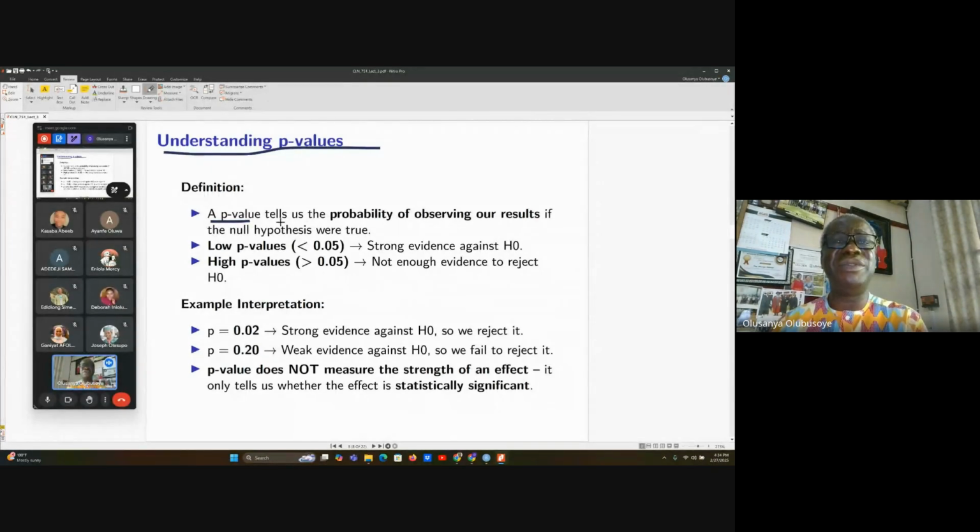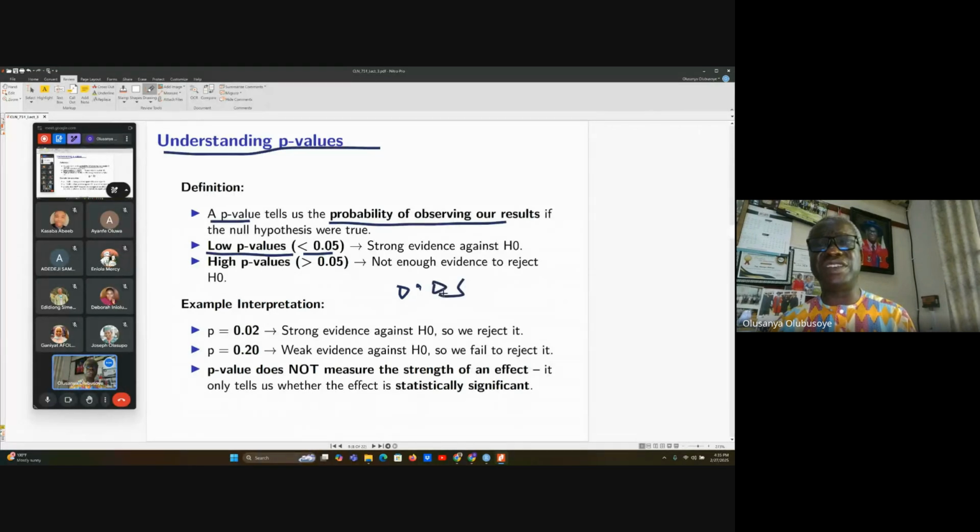The p-value is a value that tells us the probability, the likelihood, of observing our result if the null hypothesis were true. Whenever the p-value is very small, any value below 0.05, which is our alpha value, is considered very low.